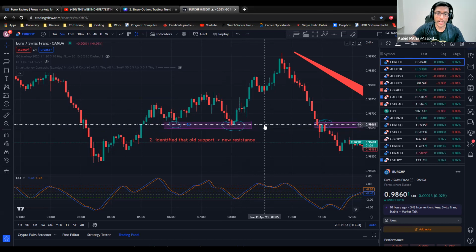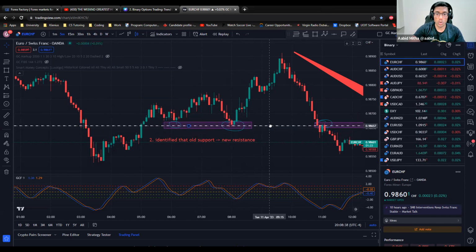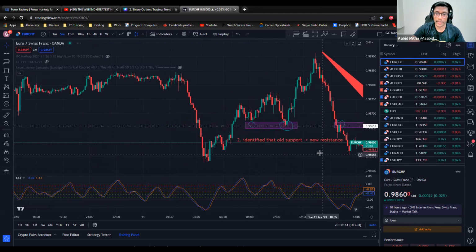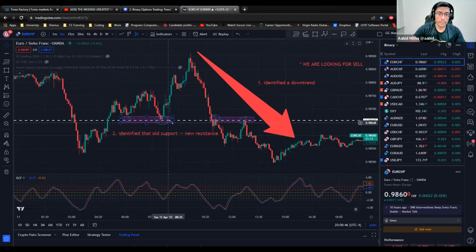So you can either enter exactly where the body ends, or you can actually go a little lower and enter where the wicks kind of hit the line. Now, if we actually took our entry on the wick, we would have actually got this entry. And if we went in for, let's say, a 3-minute sell, we would have won this trade.